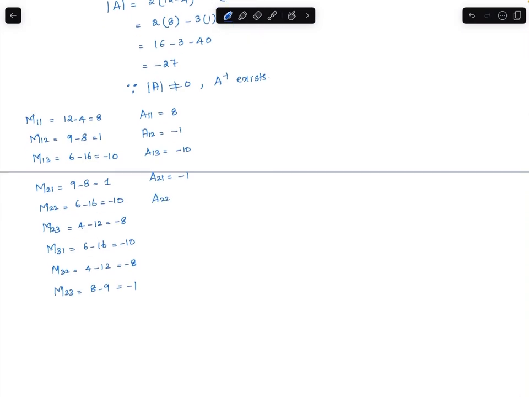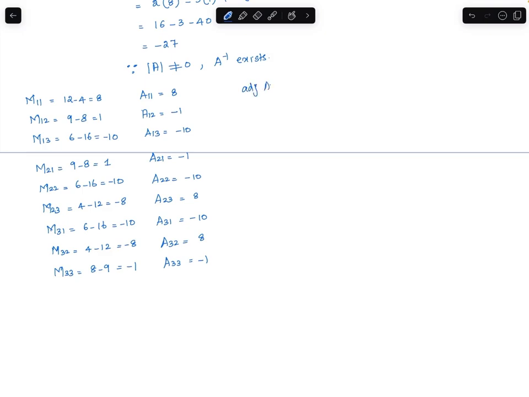A22 is minus 10. A23 is 8. A31 is minus 10. A32 is 8. A33 is minus 1.